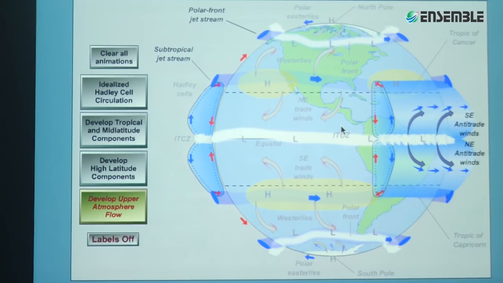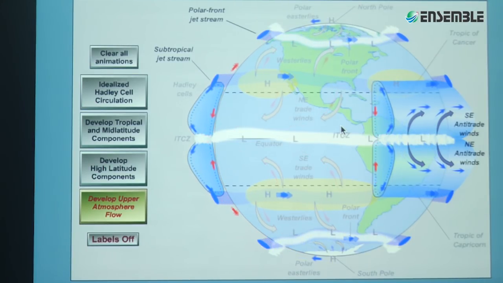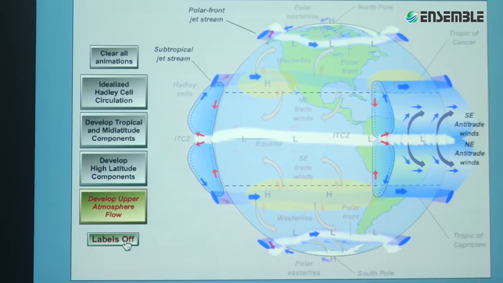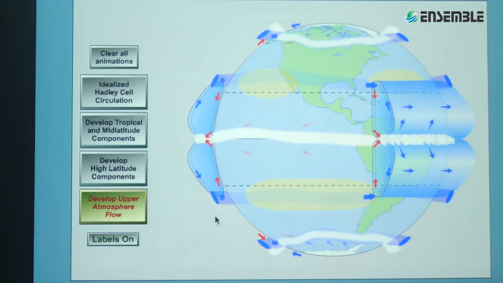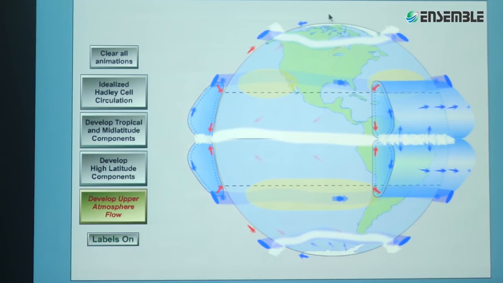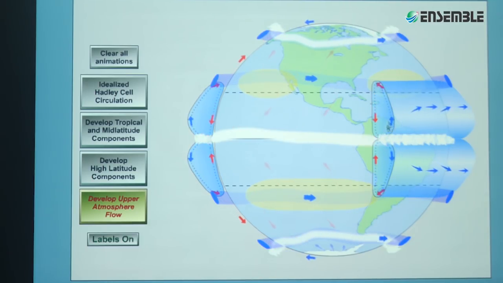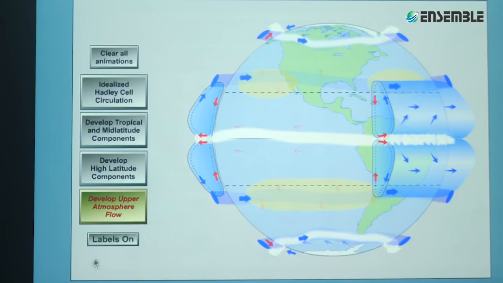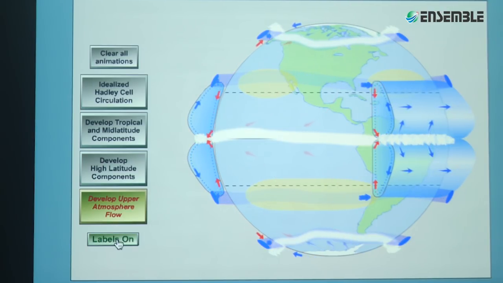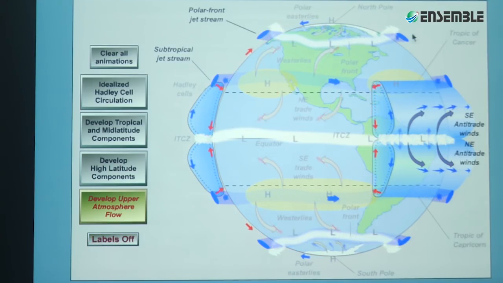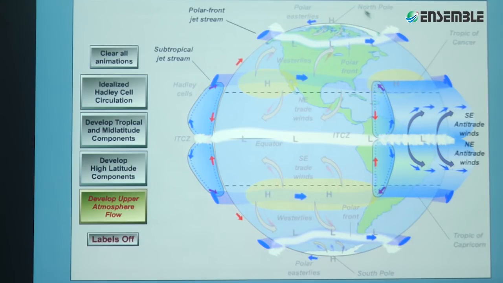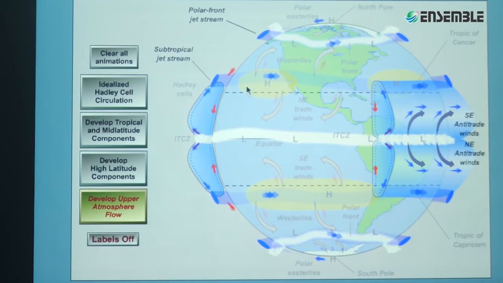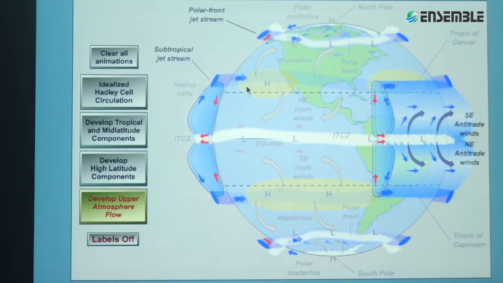Now this is all about what we have talked about, that is pressure and winds. We can put these labels off, and then you can see in a much clearer manner how exactly this circulation takes place. We can always put the labels on with the Tropic of Cancer, North Pole and so on, that you can find here.